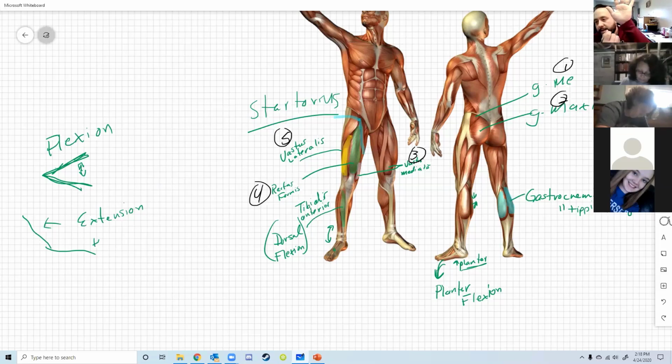If this is my radius, Aaron, are you listening? Are you there? Yeah. If this is my radius and I take my hand and bend it this way, what would you call that? Just guess out of the words we've learned in the past 20 minutes. If I'm taking this angle and I'm making it smaller.